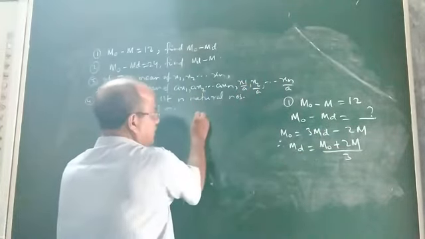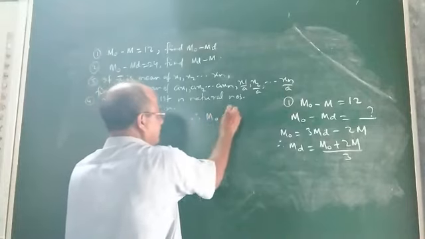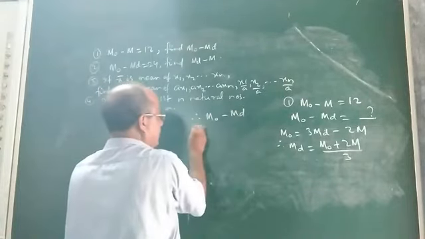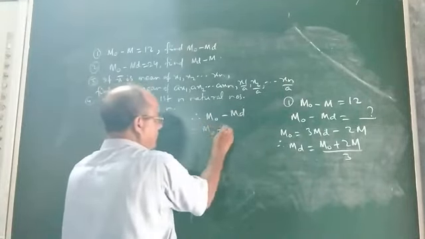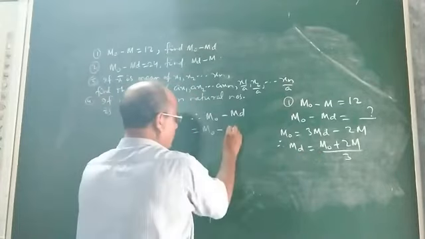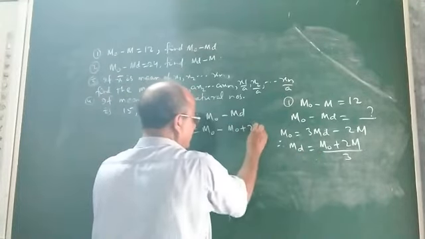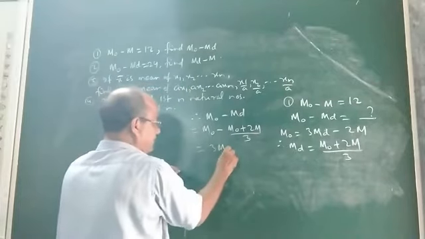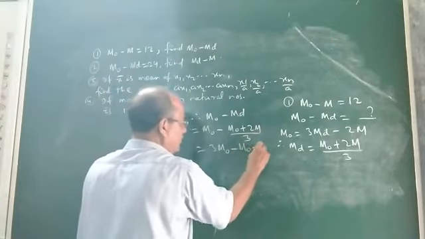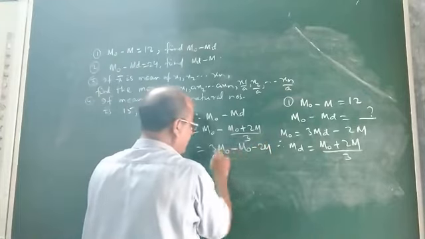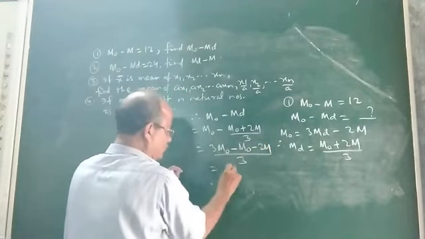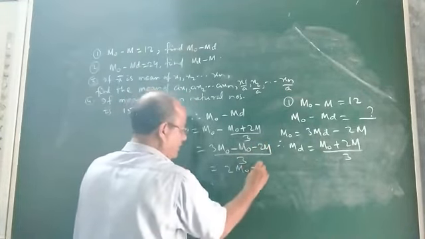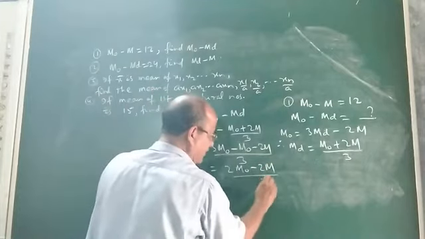In mode minus median, substitute the value of median. Mode minus median becomes mode minus (mode plus twice mean) divided by 3. Now take the LCM: it is (3 mode minus mode minus 2 mean) divided by 3, so it is 2 mode minus twice mean divided by 3.